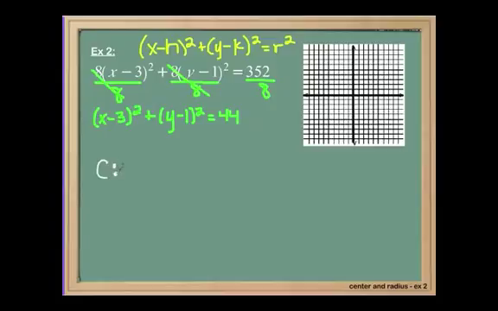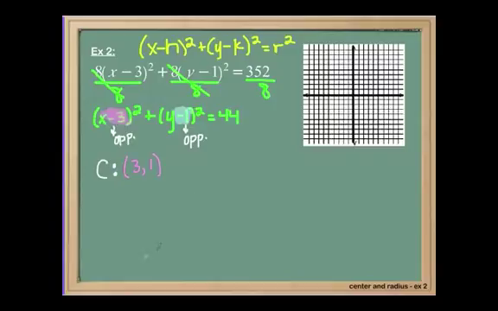Remember, to find the center, we have to take the opposite of both our x and our y values. In this case, my x value here was a -3, so my x value for my center is going to be a +3. My y value here was a -1, so my y value for my center is going to be a +1.